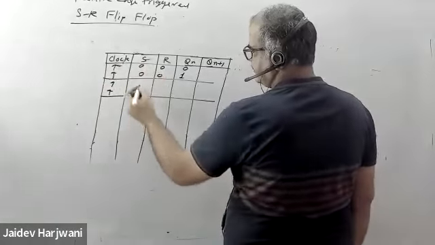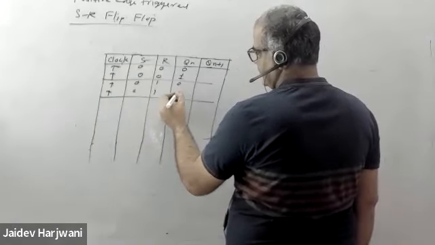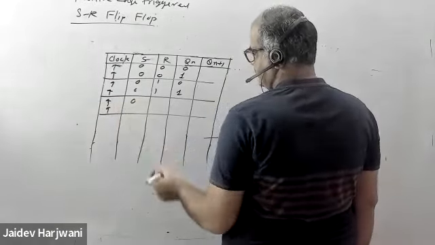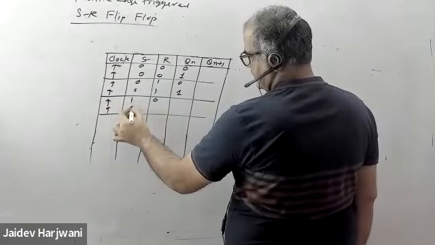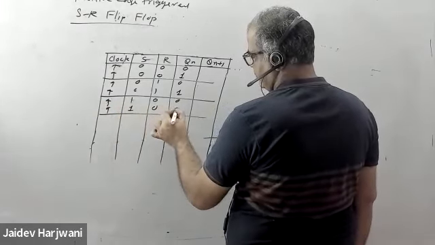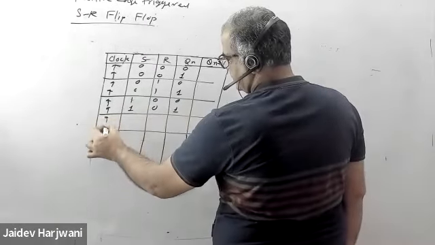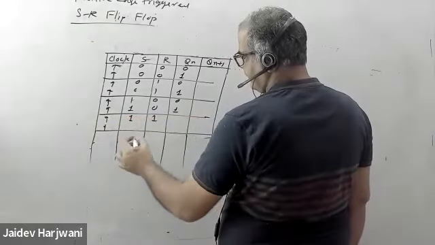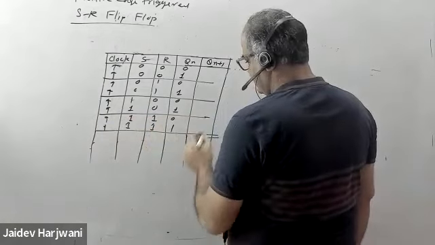Clock is enabled, so this can be 0 1 0 1. Then 1 0, 0 1. Again, this is your positive edge triggering. So this can be 1, this can be 1, and this can be 0 1.